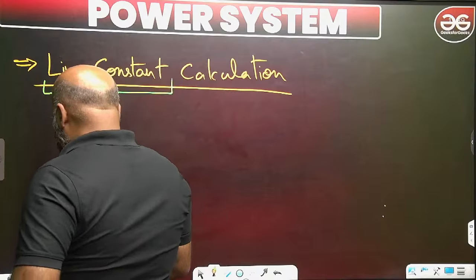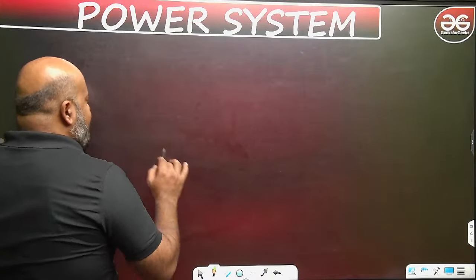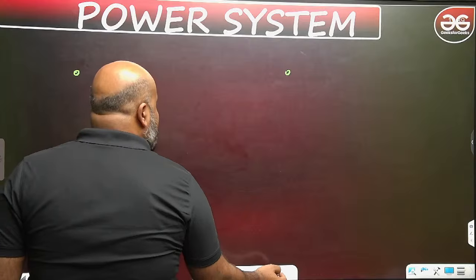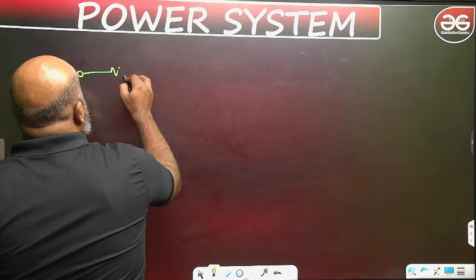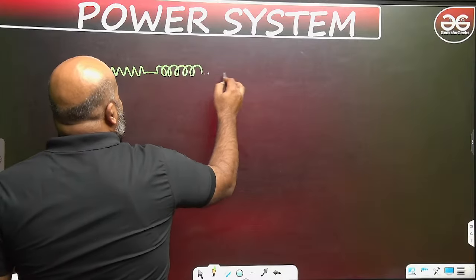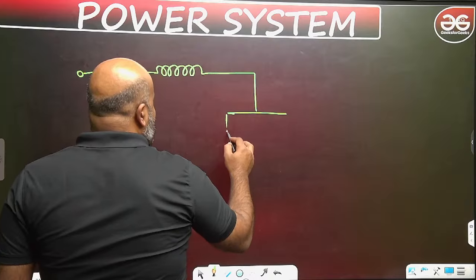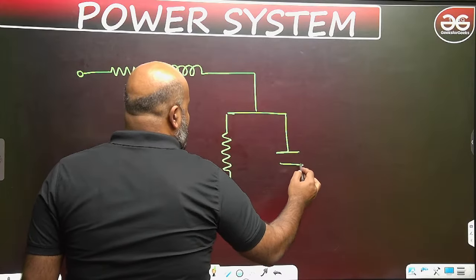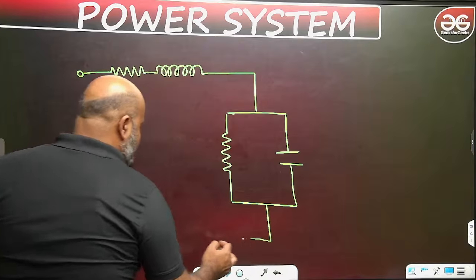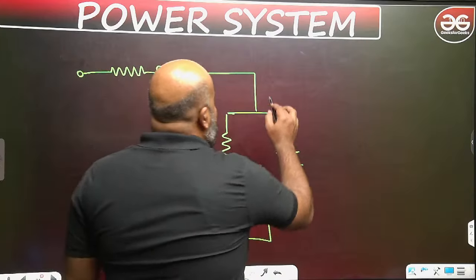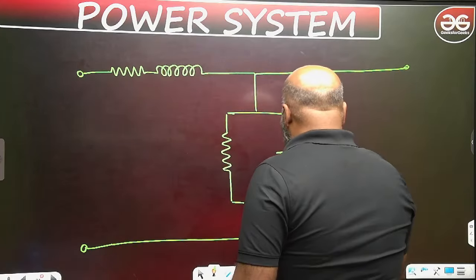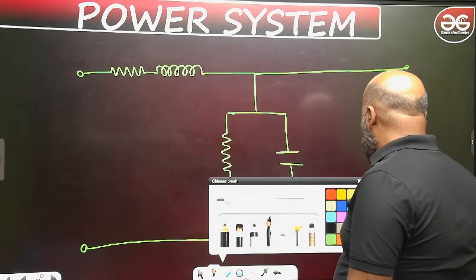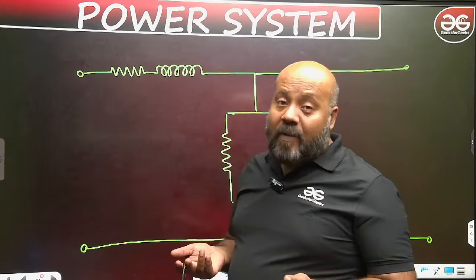If I have to model my transmission line, how am I going to model it? I am going to include all possible phenomena in the equivalent circuit that I am using for my transmission line. That is how I am going to model my transmission line.